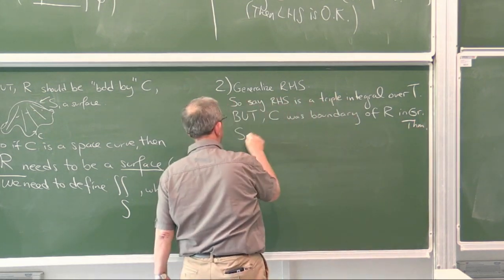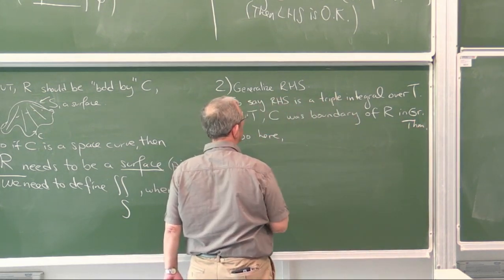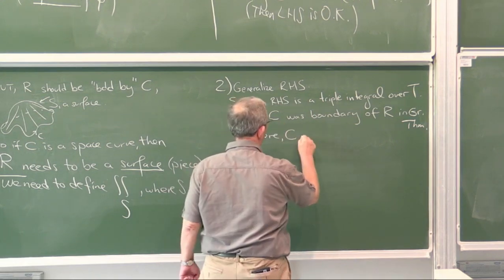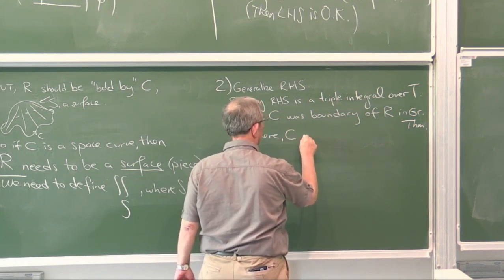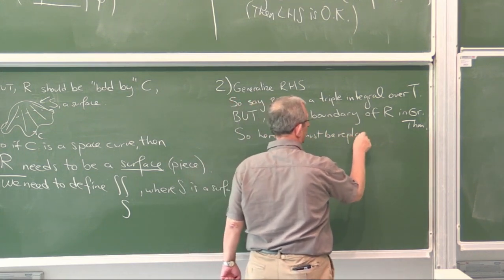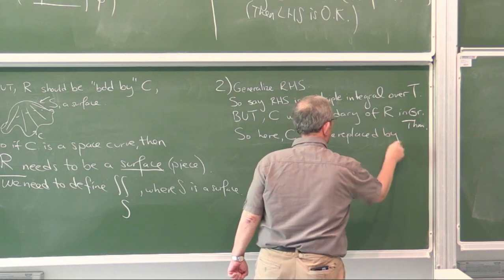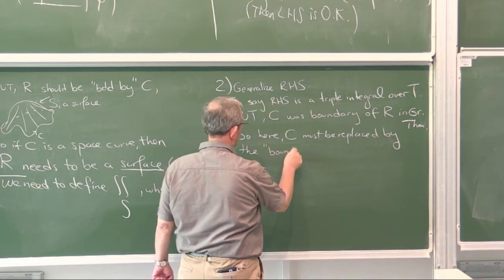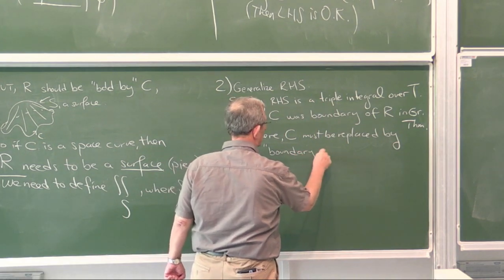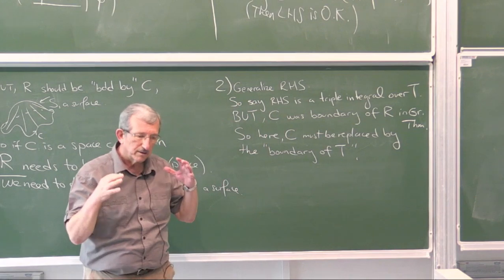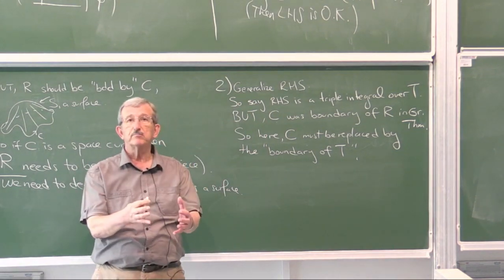So here, C must be replaced by the boundary of T. But T is a solid in space.